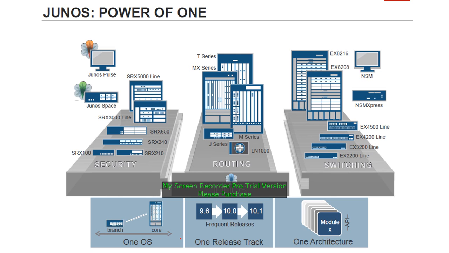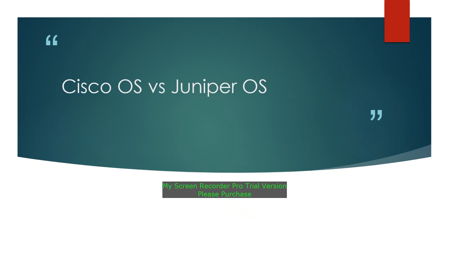In Cisco, if we talk about Cisco switches, higher end Nexus switches, and firewalls, there are lots of differences between the devices. Here you need not worry, because if you understand Junos, then you can configure any device, as it is one release track, one architecture. This is the Juniper device portfolio. Then we will talk about Cisco OS and Juniper OS.